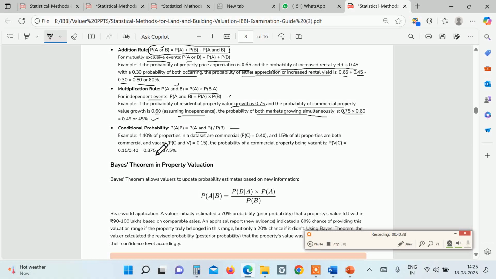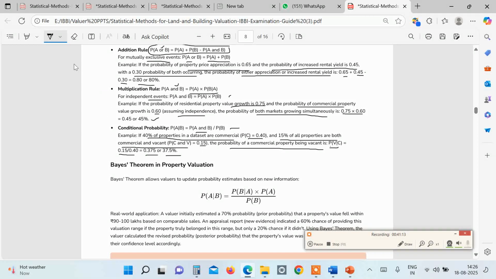For example, if 40% of properties in a data set are commercial, so P(C) equals 0.40, and 15% of all the properties are both commercial and vacant, P(C and V) equals 0.15, then the probability of a commercial property being vacant is 0.15 divided by 0.40, which is 0.375 or 37.5%. So this is conditional probability.